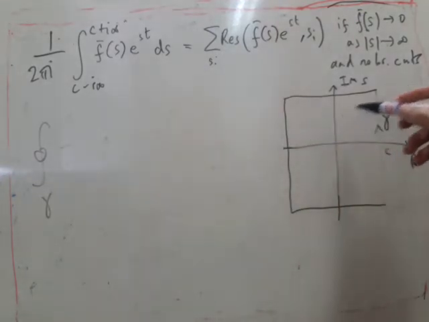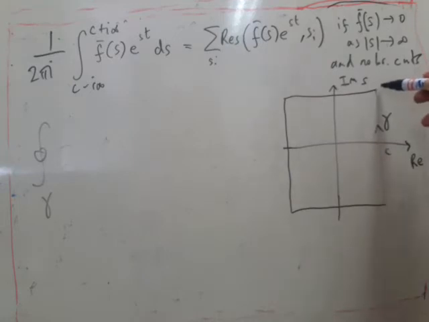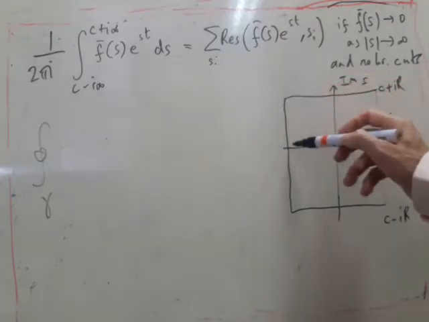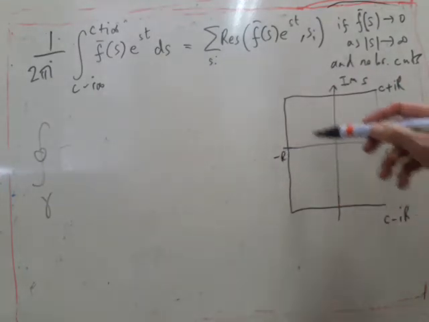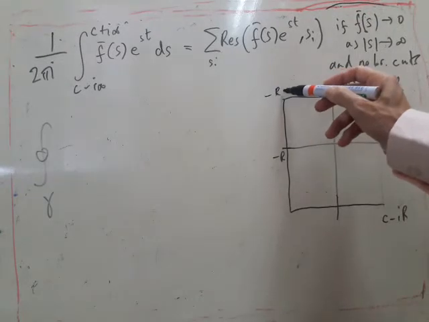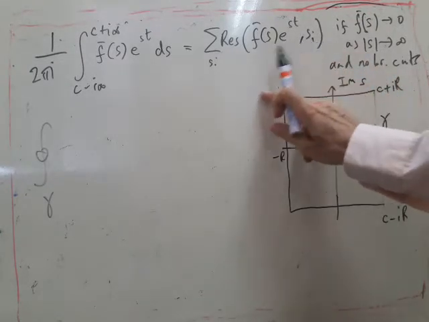So we're going to have a contour of height R. So this point here is C plus IR. This point here is C minus IR. And then this point here, this is going to go to minus R. Don't really need to label all the points.